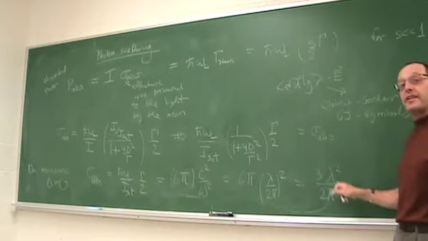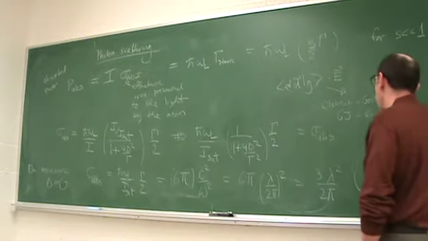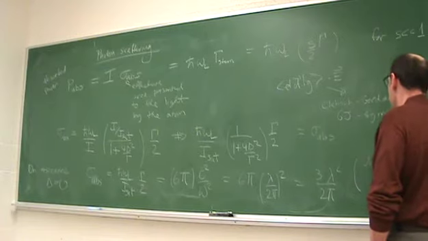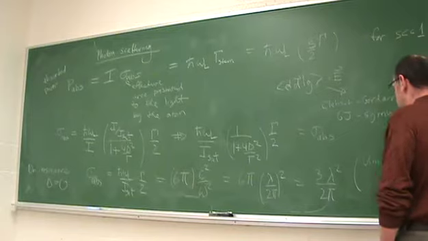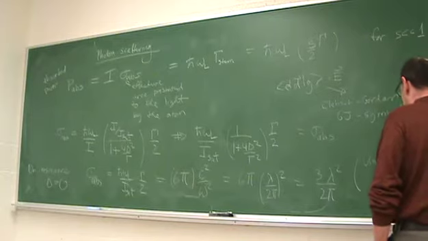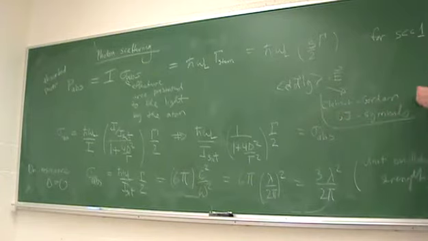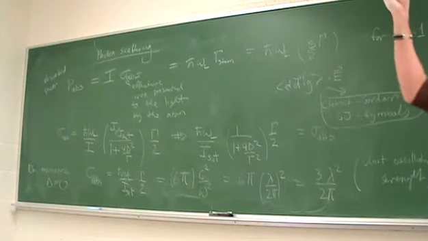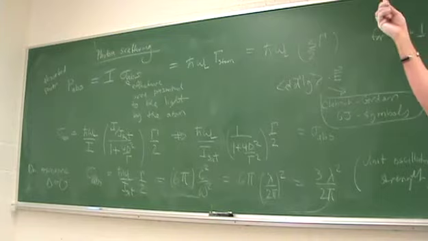When I write down this expression, it is the expression appropriate for what I call a unit oscillator strength. So that ignores all the details about the particular two-level transition that I'm drawing.